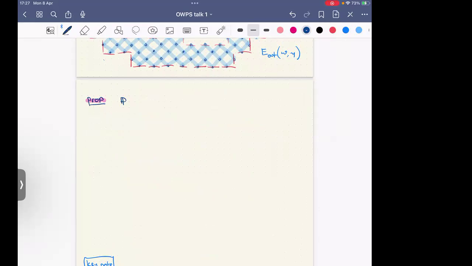So the probability of E out omega gamma being greater or equal to K is at most C of P n to the minus 12 to the K.